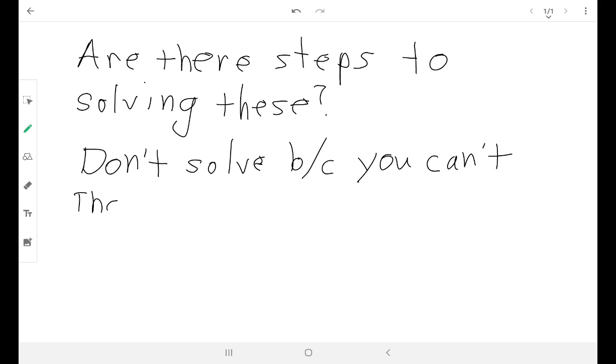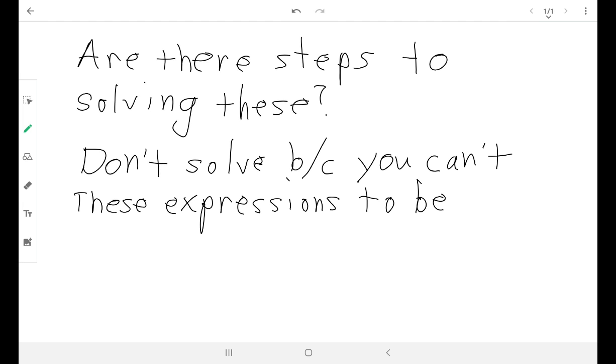These are expressions to be simplified. And simplified just means put together what you can.